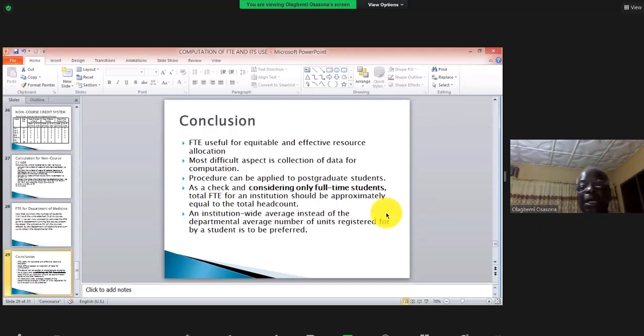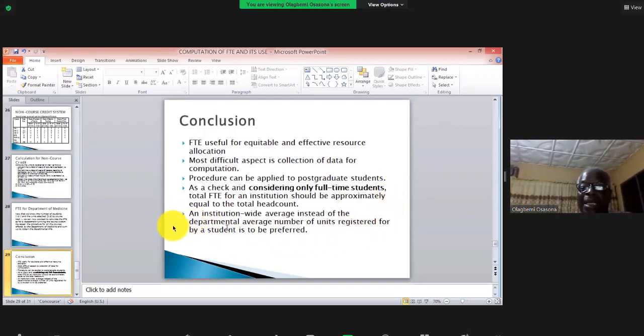And the procedure can also be applied to postgraduate students. As a check, when you are considering only full-time students, the total FTE for the university should be approximately equal to the total head count. But when you include part-time students, it will be much less.